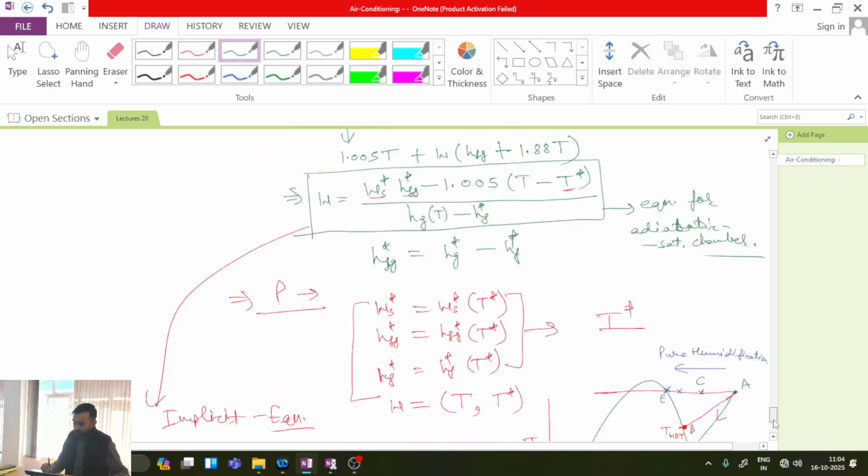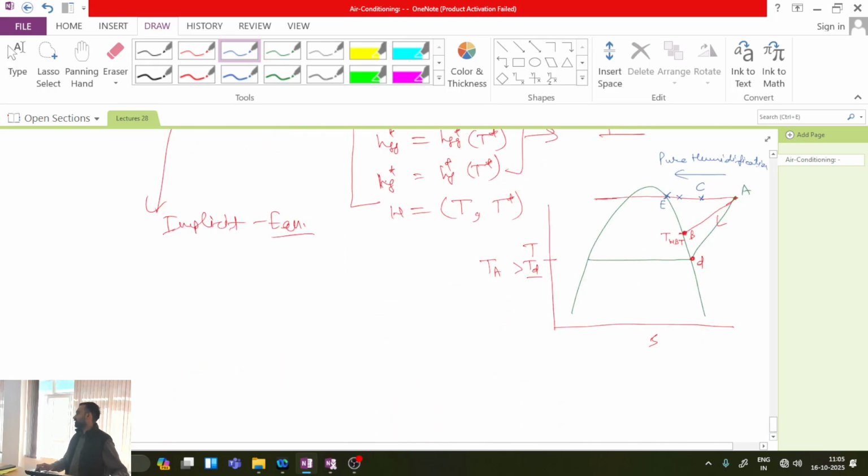So by the process of pure humidification also, I can achieve the saturation state. How to do the pure humidification process, its entire analysis I will discuss subsequently. But these are some of the ways by which, from any given thermodynamic superheated state of water vapor, I can come to the saturated state. Is this one clear?